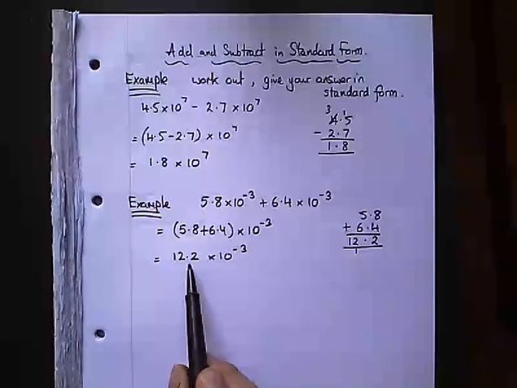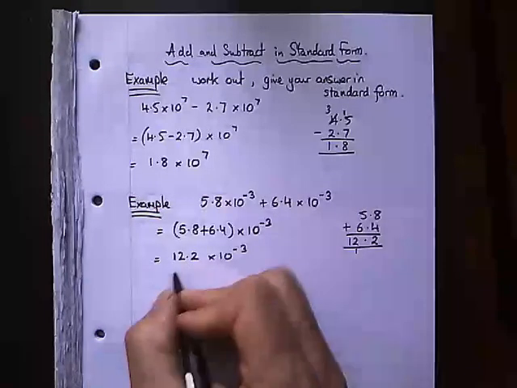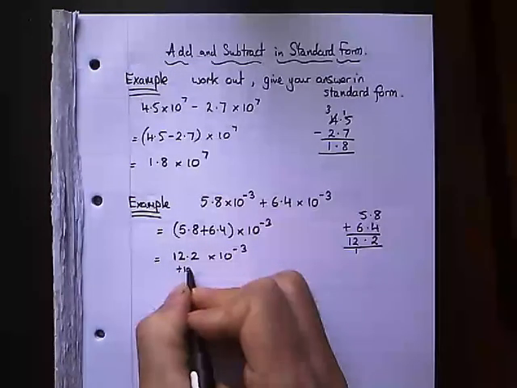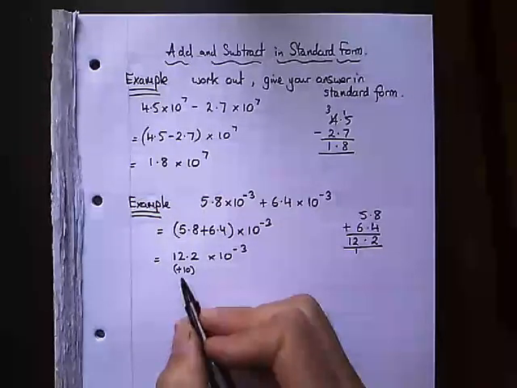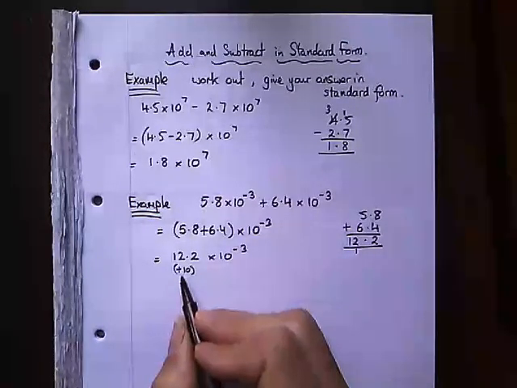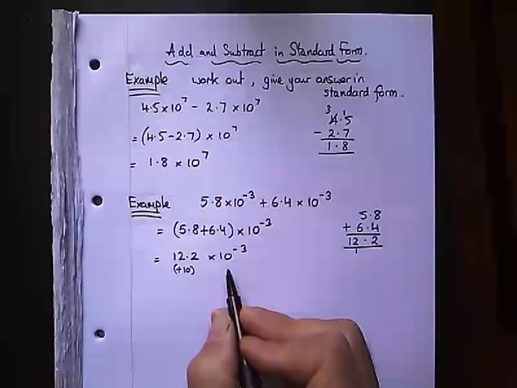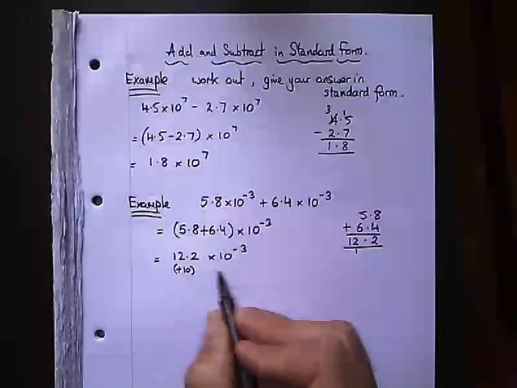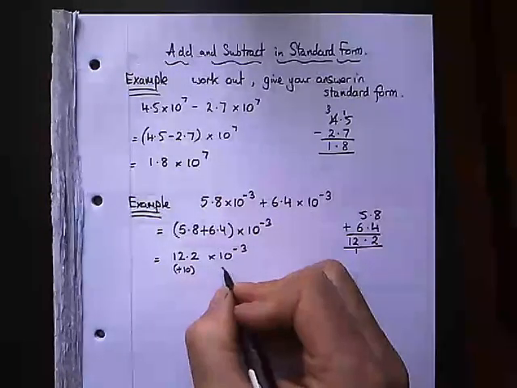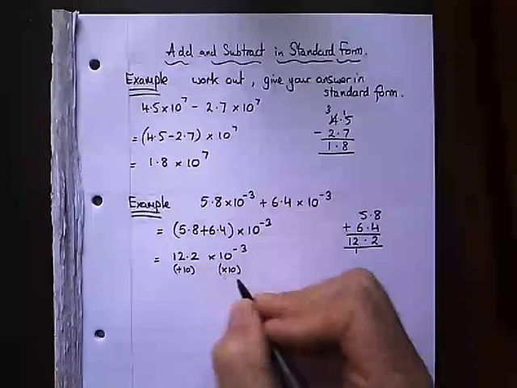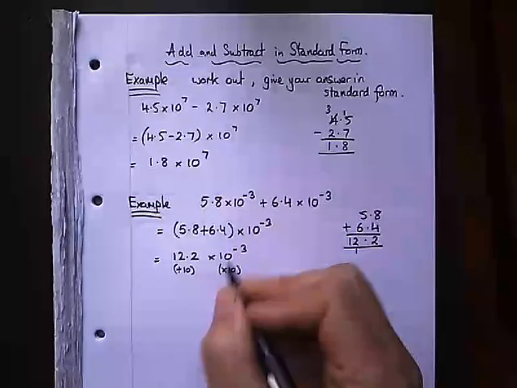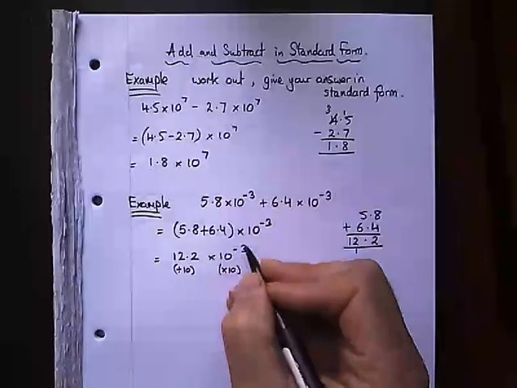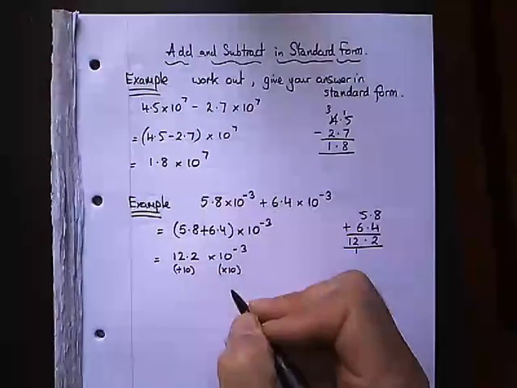So to make this between 1 and 10, I'm going to have to divide this by 10. But to keep this equal, whatever I do to this number, I must do the opposite to this bit. So I'm dividing by 10, so the opposite of divide by 10 is times by 10. And when I times by 10, I just increase the power, at the moment it's minus 3, by 1.